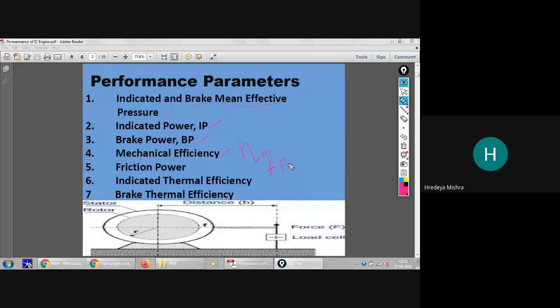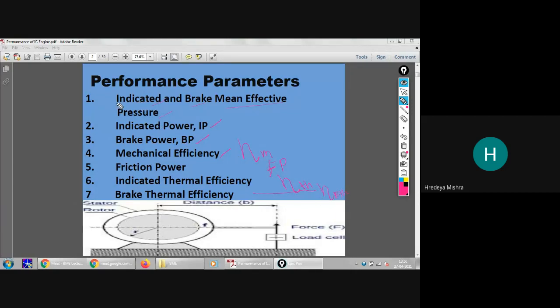Indicated thermal efficiency is denoted by eta th, and brake thermal efficiency is denoted by eta Bth.